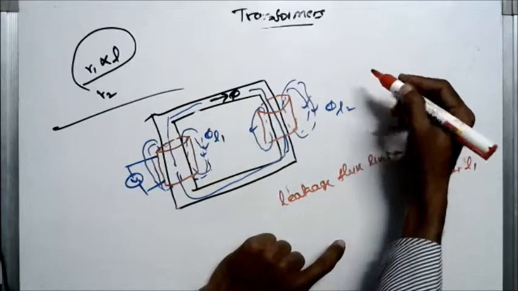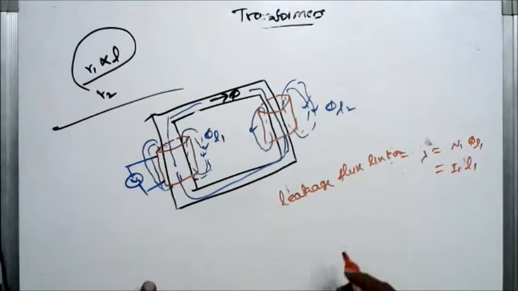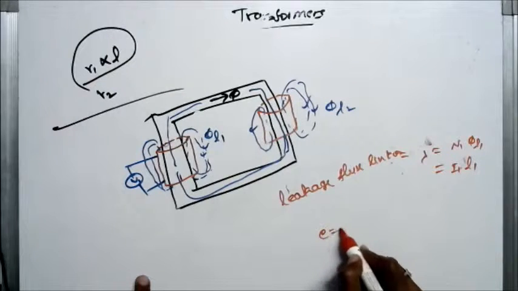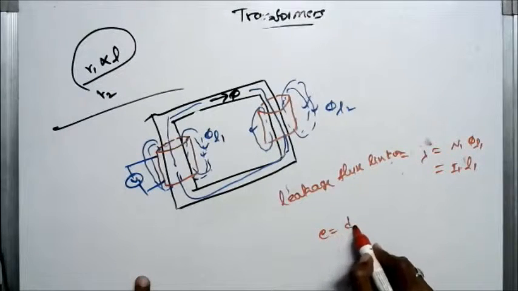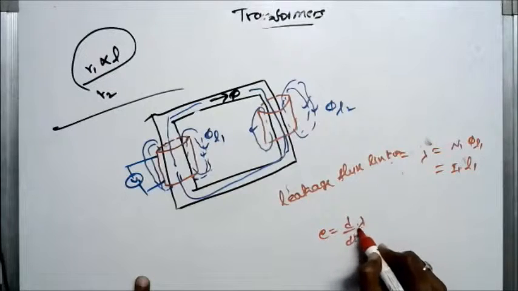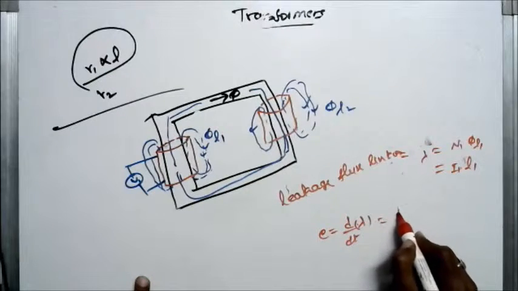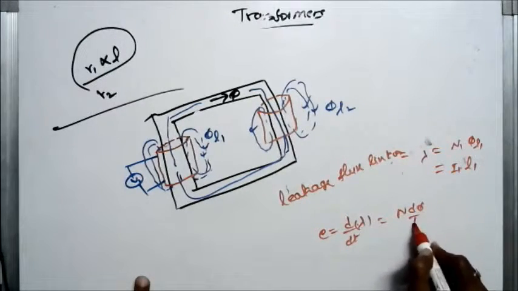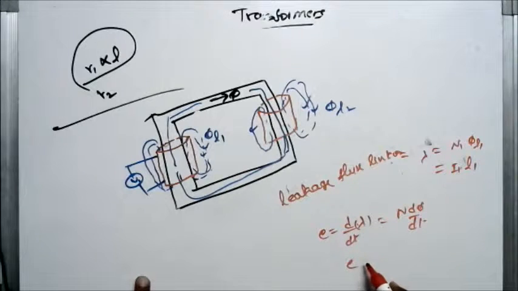In the case of an inductor, we will write that E is equal to d by dt of lambda, that is equal to N into d phi by dt. The same voltage can be represented as L into di by dt. Is it correct?